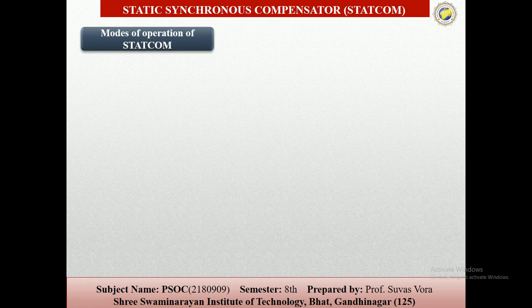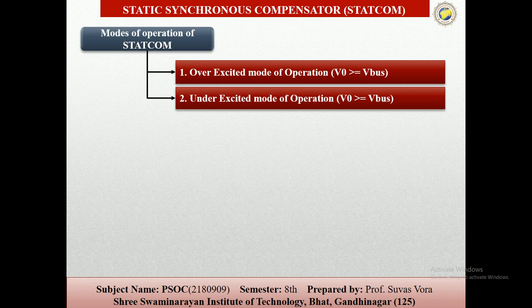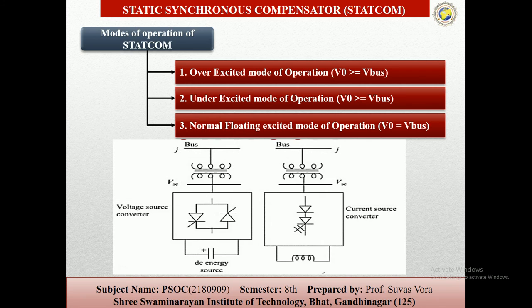So these are the STATCOM systems. They have different modes of operation. The first mode is the over excited mode of operation, in which V0 is greater than or equal to V bus. Then the under excited mode of operation, in which V0 is less than V bus, and the normal floating excitation mode.